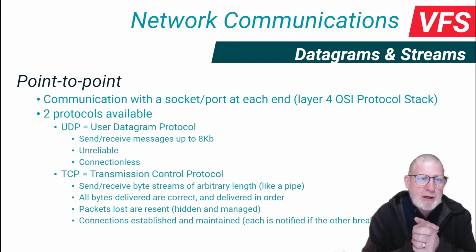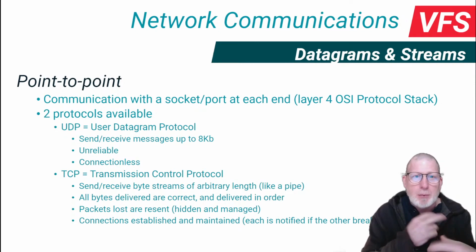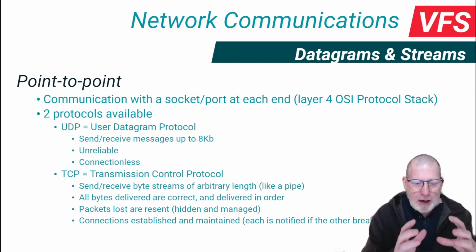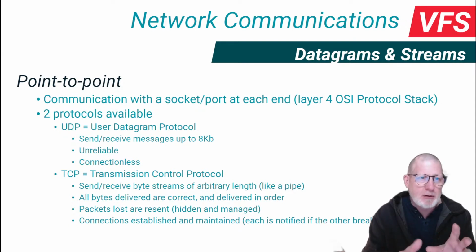The next part we need to choose, and this is the part we actually play with in our applications, is the protocol to send things. The datagram protocol is really lightweight. It's allowed to send messages up to 8 kilobytes. And of those messages, we don't provide any additional features, which means it's fast.